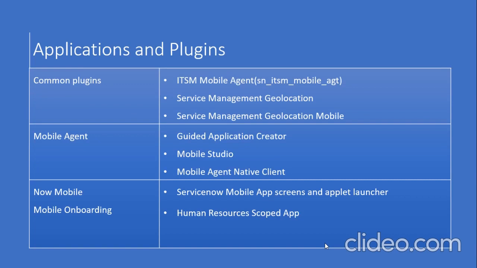And for Now Mobile, the ServiceNow Mobile App Screens and Applet Launcher plugin, and the Mobile Onboarding Human Resource Core App plugin. These are mandatory. So if there is any functional breakthrough or lag in the application, you need to confirm whether these plugins are installed.